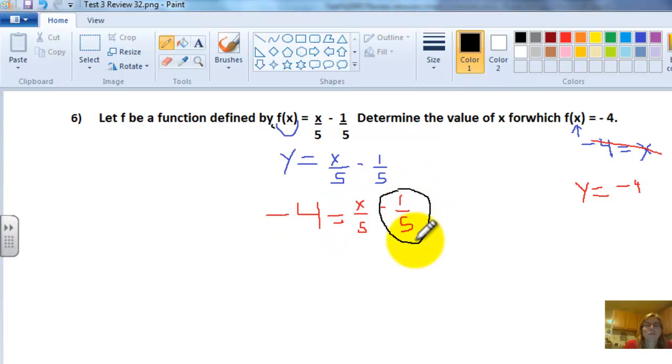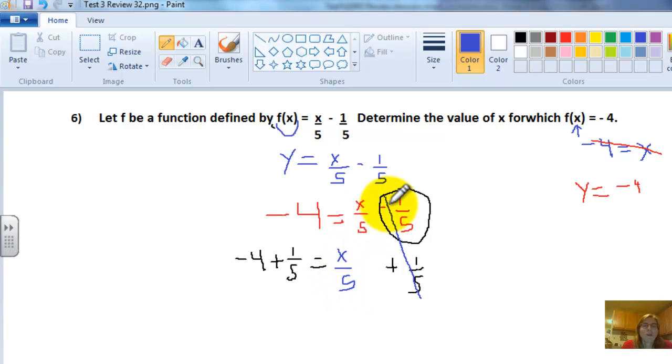It's minus 1/5, so we're going to add 1/5 to both sides of the equation. This ends up going away, minus 1/5 plus 1/5, and then we still have the x over the 5. But what we've done is just move the 1/5 to the other side of the equation.